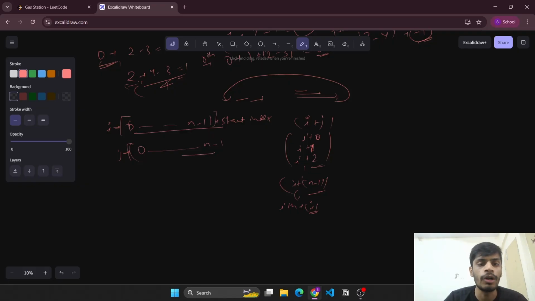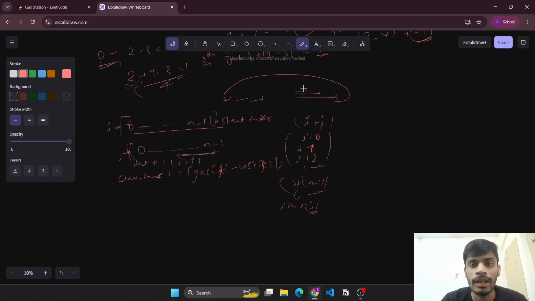And then try to move through all the possible gas stations, and at each step what we'll do, we'll update our current tank plus equals the gas that we have at that station, gas of k, minus the cost required. Suppose this is k, because this k will be simply i plus j.